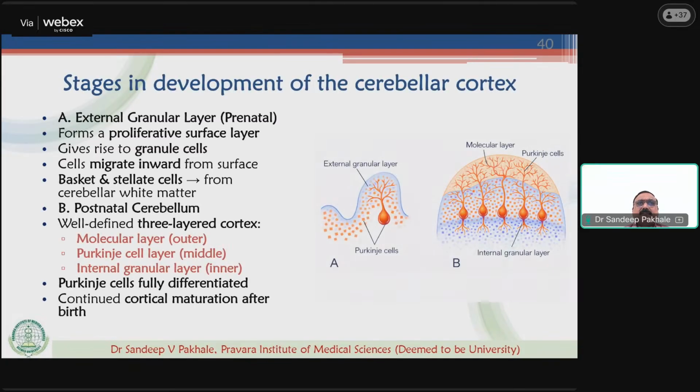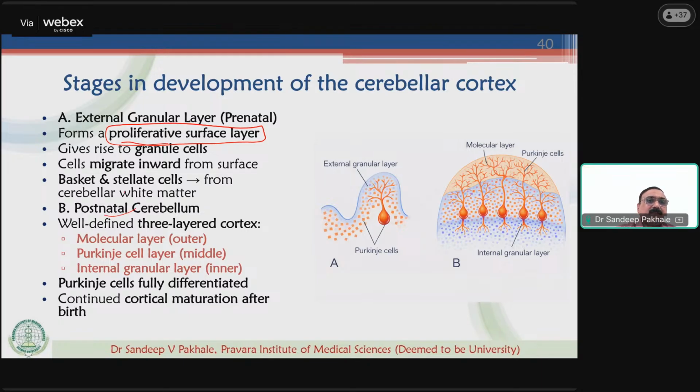In the prenatal stage, the external granular layer forms a proliferative zone on the cerebellar surface. So the outermost external granular layer, that is the proliferative zone, gives rise to granule cells and they migrate inwards towards the Purkinje layer that we saw. At the same time, basket and stellate cells develop from the cerebellar white matter.